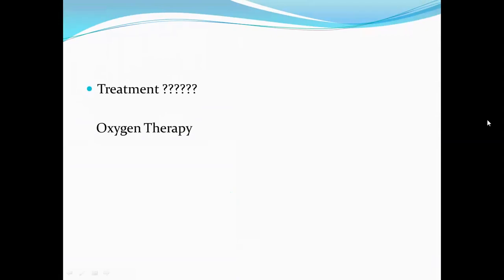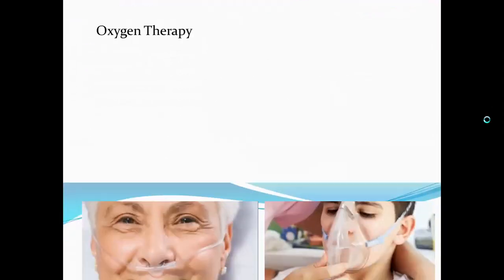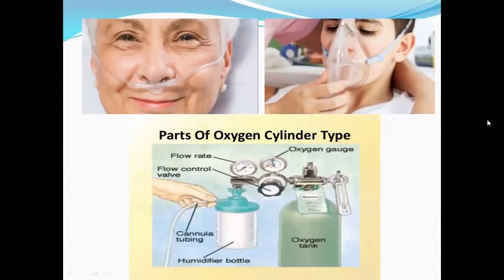The hypoxic type of hypoxia, of course, will benefit most from oxygen therapy. That is the answer to the question which is very commonly asked, and it is important because here the oxygen tension itself is reduced in the hypoxic type. So if you give more oxygen, it will help the patient.